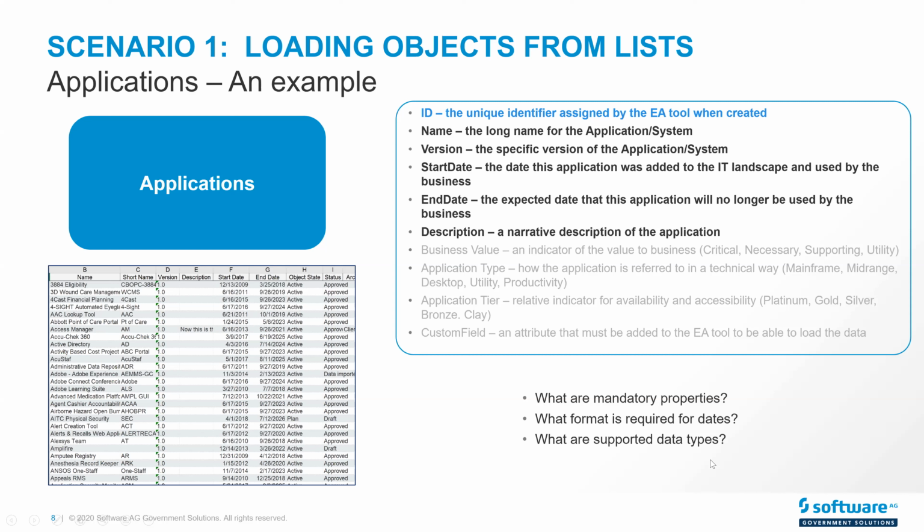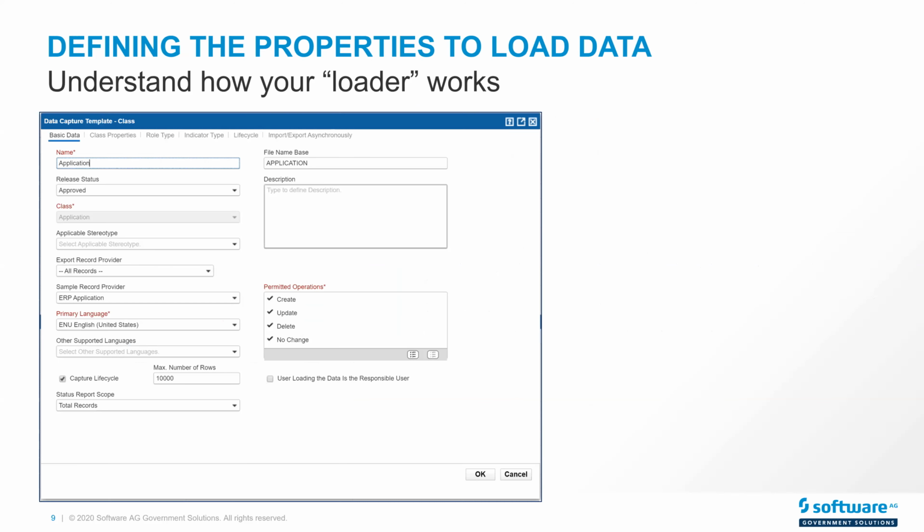What are the supported data types? As we move into getting ready for this activity, I'm going to define the properties for a data loading sheet that's based on Excel.